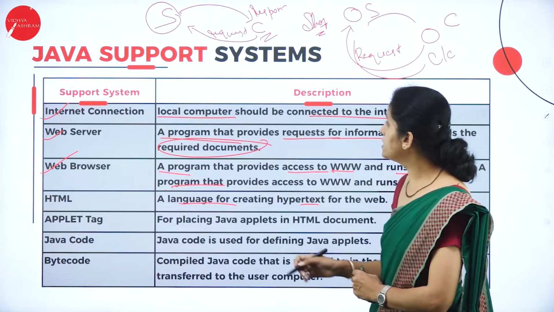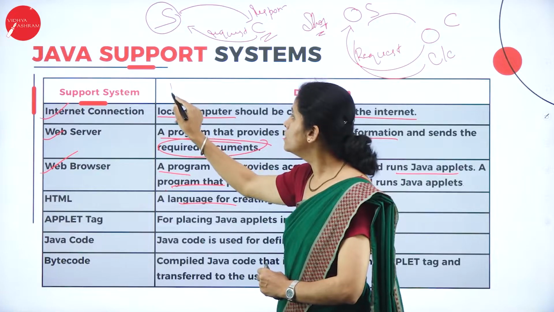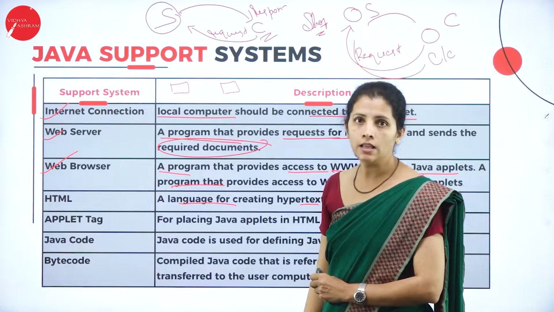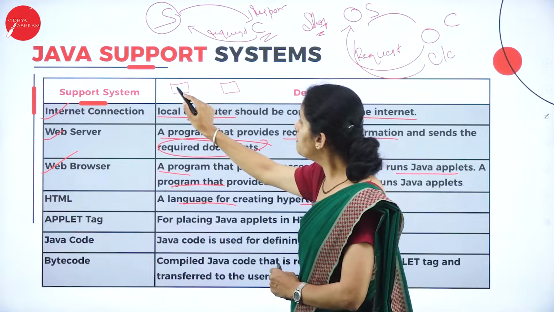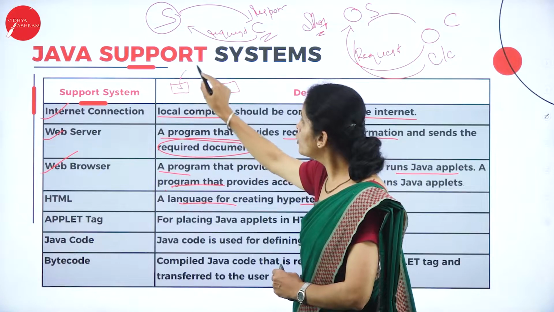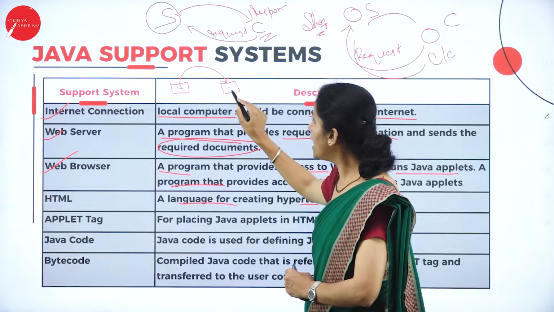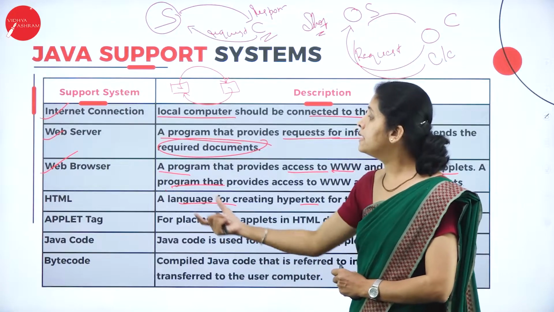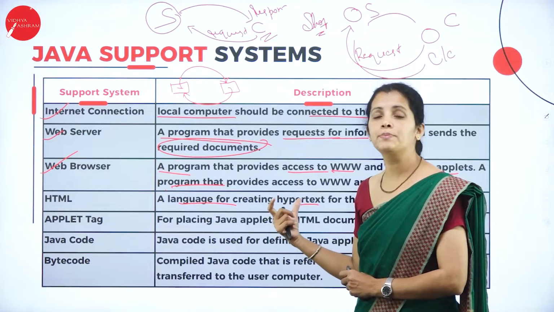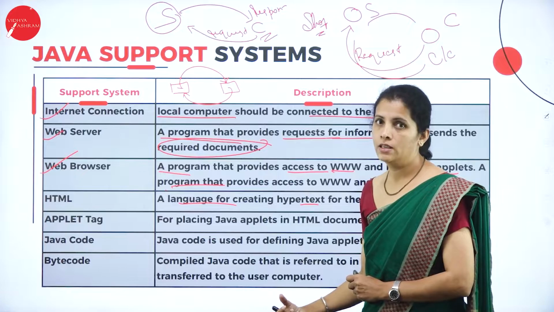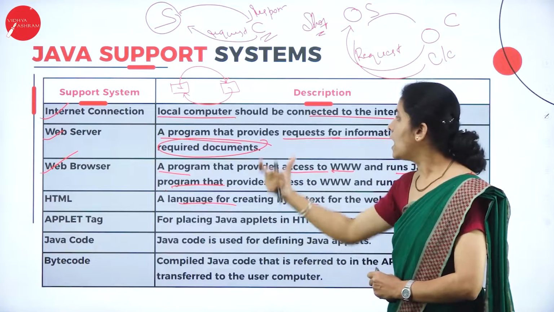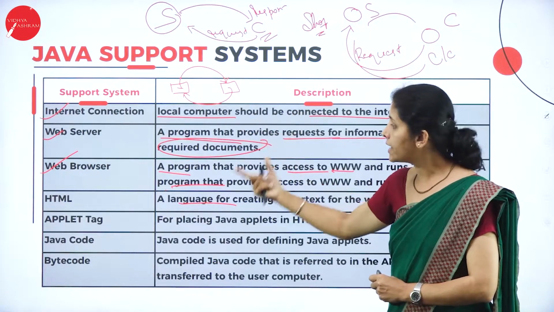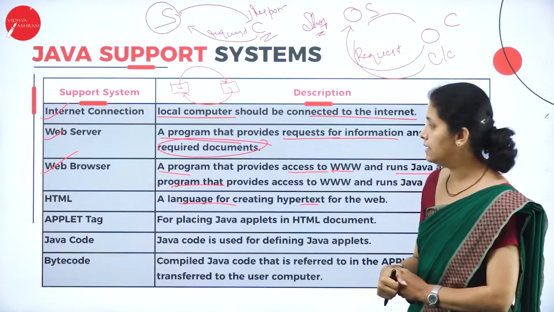Now, dear student, think that I have two documents, and I want to jump from one document to another and vice versa. To achieve that, in HTML I have the concept called hypertext. To provide hypertext between web pages, I require HTML.